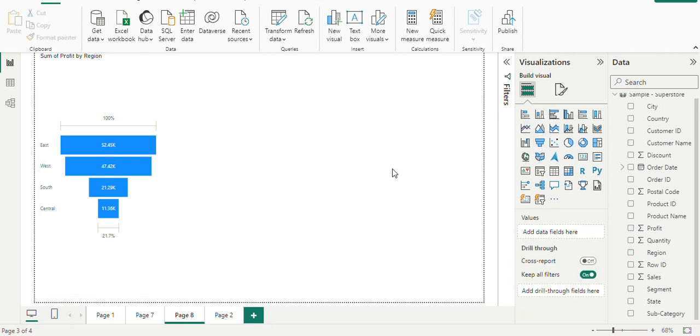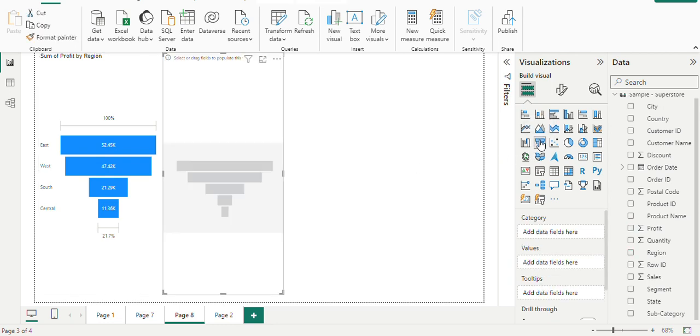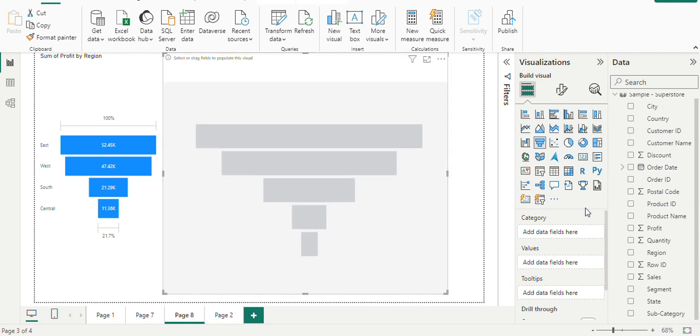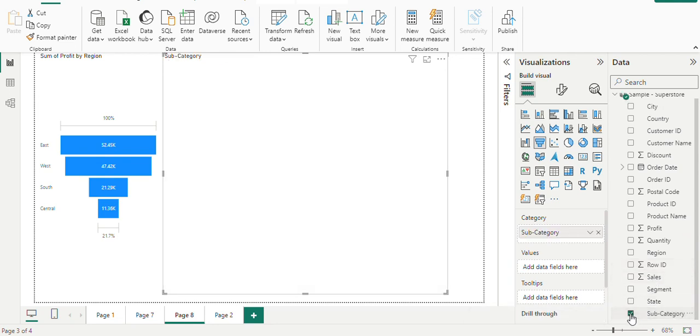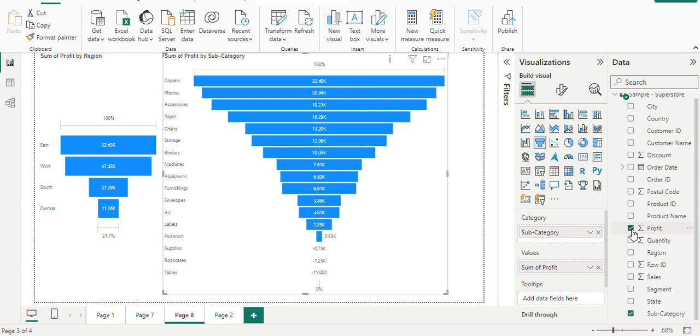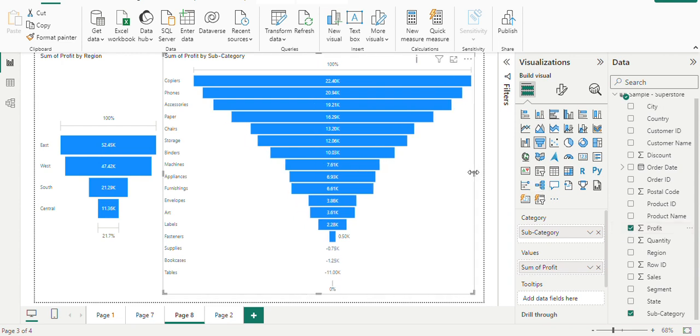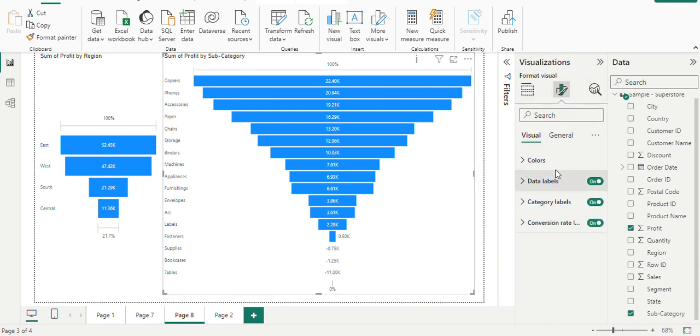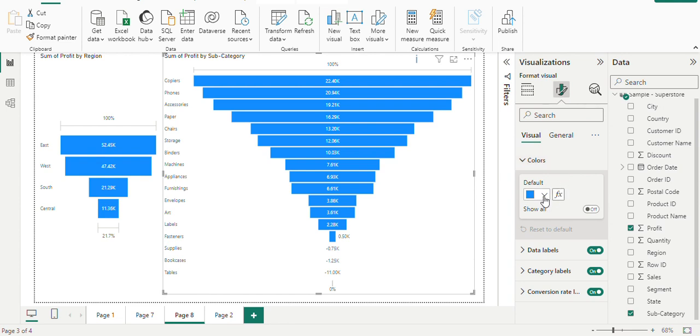So select another visualization as a funnel chart, and for this example I'm going to give category as subcategory, and the values are again sum of profit. And for our easy understanding, let's change the color of this visual.